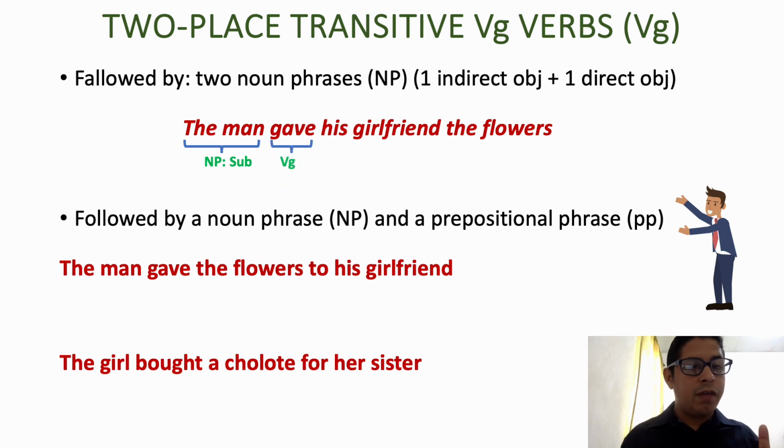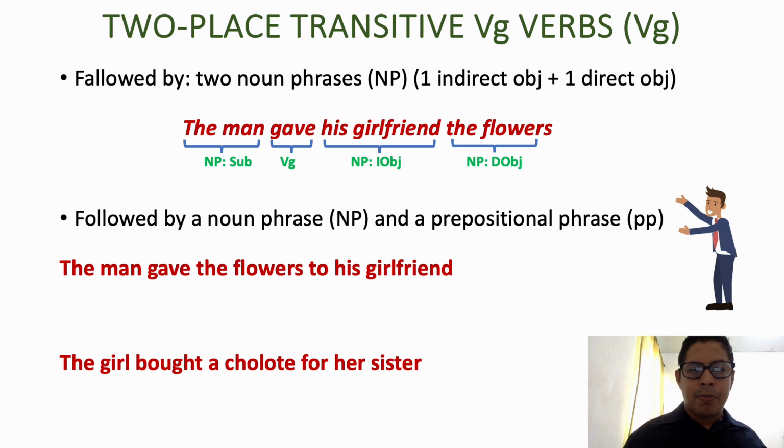It's important to understand that the reason why these types of verbs are called VG is that V means verb and G means give. Most of the time we can relate these types of verbs to the verb give. So in here, the man gave his girlfriend the flowers.